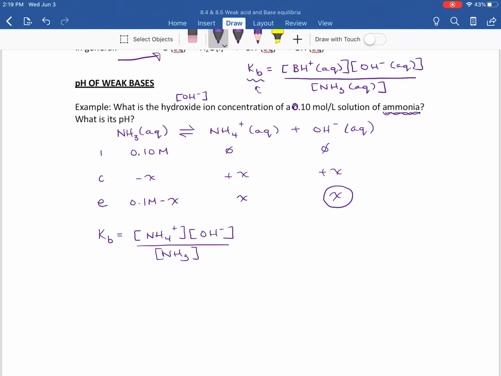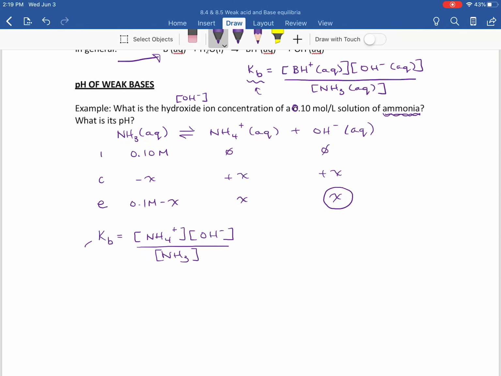Now, you can't have too many unknowns, so what we'll have to do is go to page, and I believe it's 726 yet again, to look up the Kb for ammonia. And when I do that, I find that the Kb for ammonia is 1.8 times 10 to the negative 5. So then I start plugging my stuff in. So NH4 plus is x, and we're talking equilibrium concentrations here. So x times x all over 0.10 minus x.